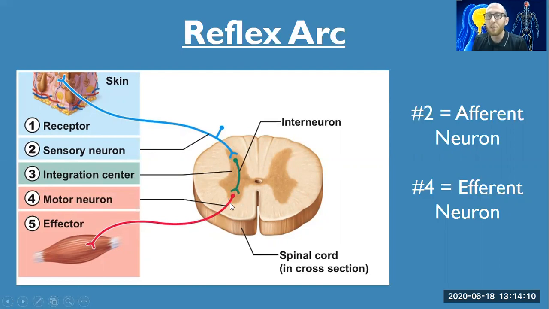So now you have motor signal, sensory coming in, motor going out to get to the effector. And in this case, it's muscle, skeletal muscle. But sometimes the effector is an organ or your brain or something different like that. So know those 5 parts and know how to label each location of those 5 parts.